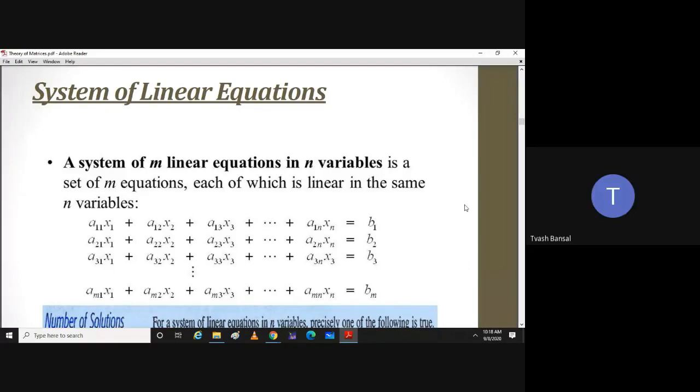C4 minus 3 times C1, and C5 minus 5 times C1. What will you get after doing this operation? Can you tell me?